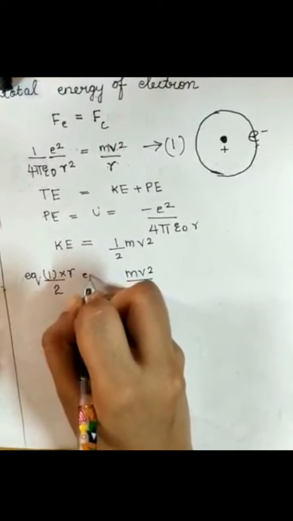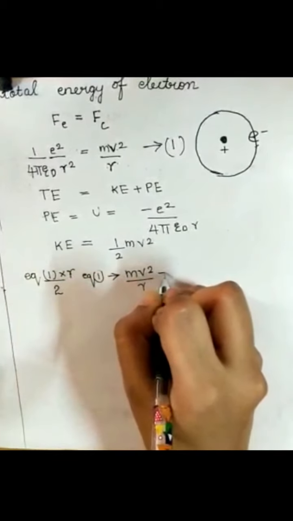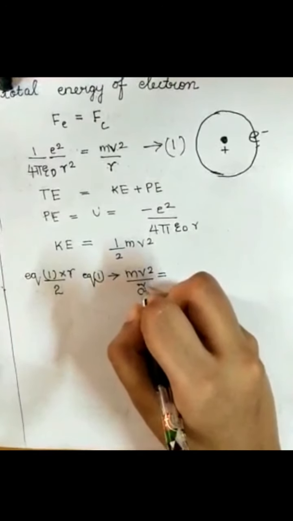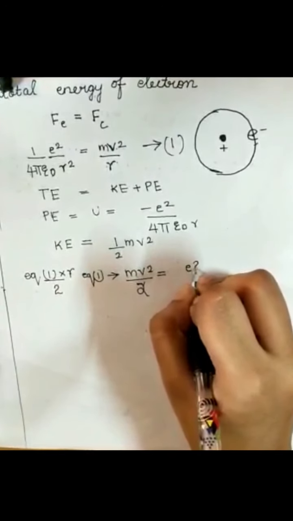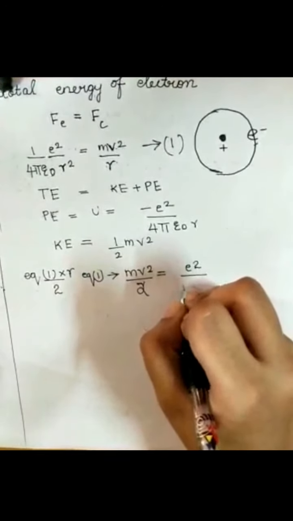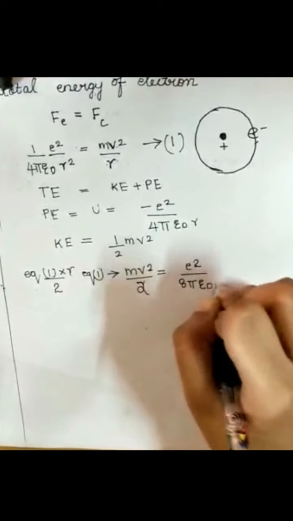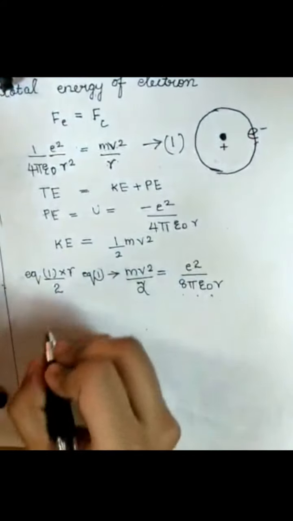Equation 1 becomes mv square by 2 is equal to e square by 8 pi epsilon 0 r.